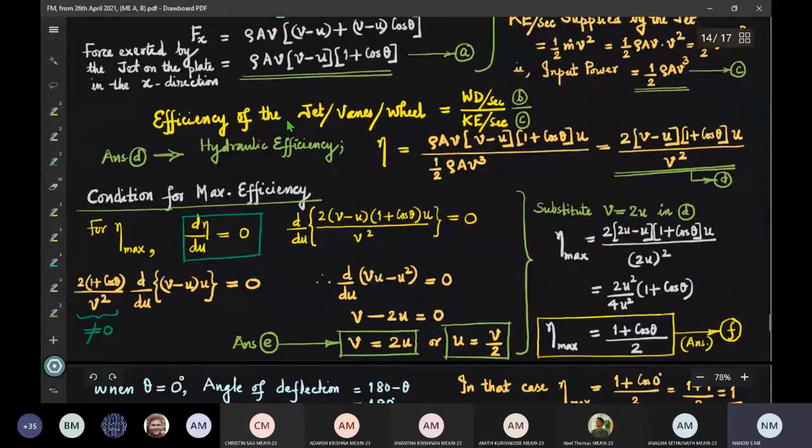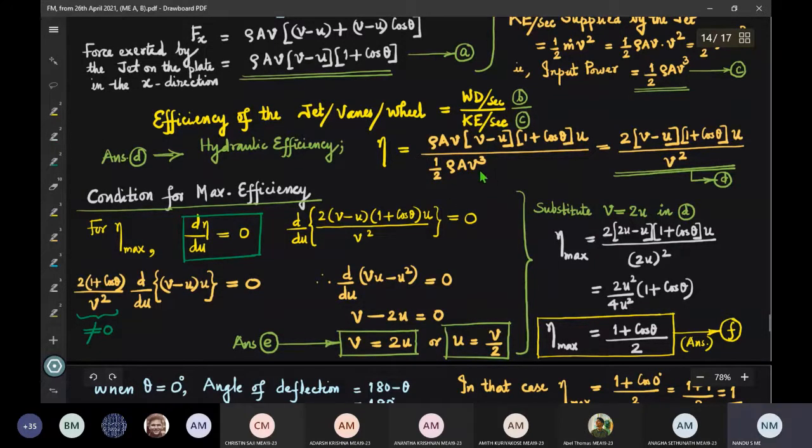So the efficiency of the jet or vane or wheel, or hydraulic efficiency, is defined as the ratio of work done per second by the jet on the vane to the kinetic energy supplied by the jet per second. So work done per second by kinetic energy per second, hydraulic efficiency you get: rho AV into (V minus U) into (1 plus cos theta) into U divided by half rho AV cubed.